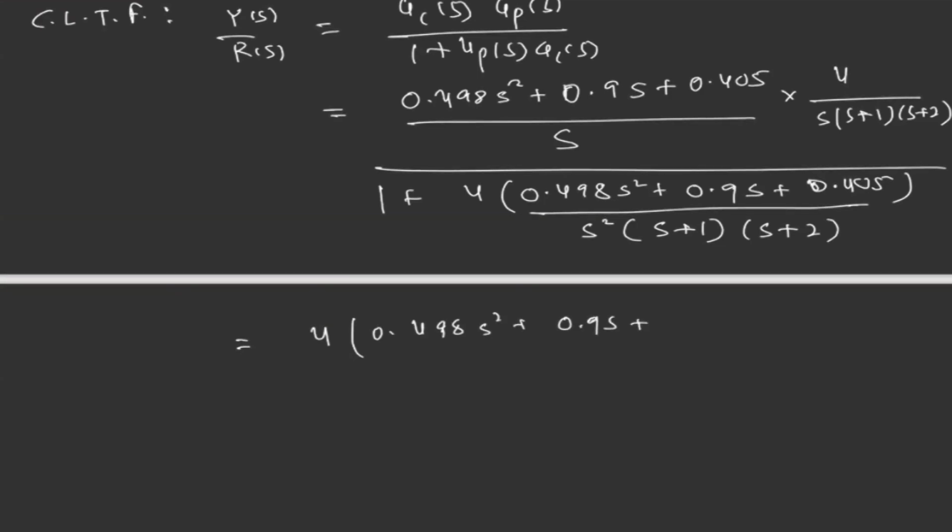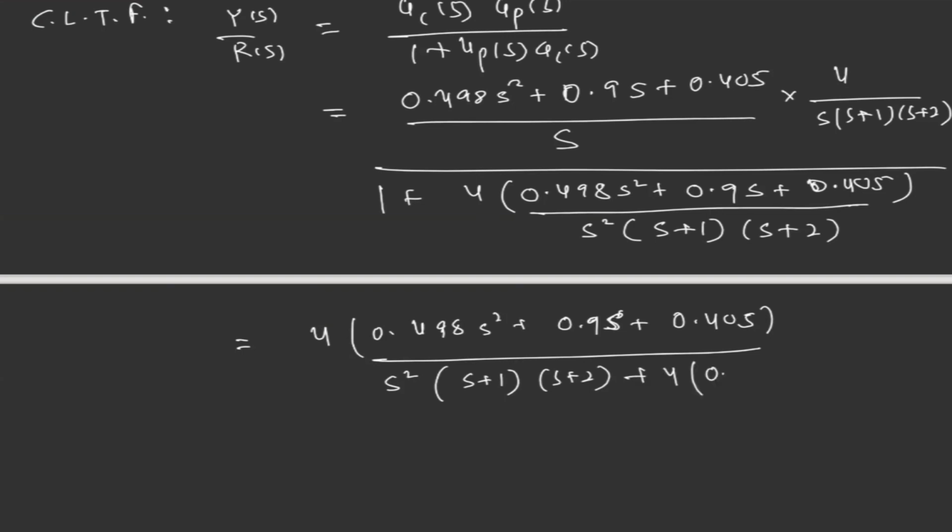If we simplify further, we have 4 into (0.498 s squared plus 0.9 s plus 0.405) times s, divided by s squared (s plus 1)(s plus 2) plus 4 into (0.498 s squared plus 0.9 s plus 0.405). From the denominator part, you can find the poles.